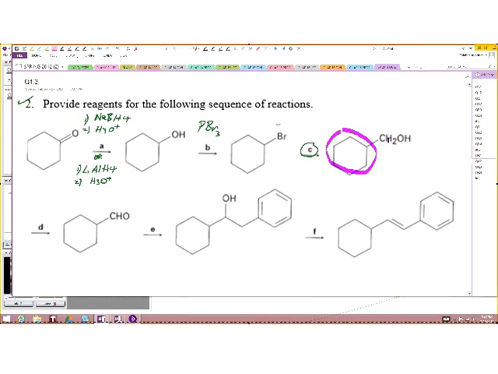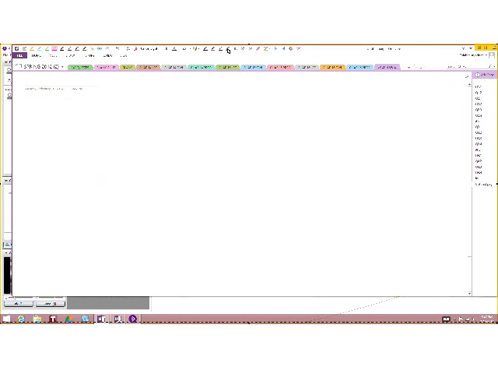What does a Grignard do? Okay, let me give you some background. I know we did this last semester, but some of you must have forgotten this, so let us do a refresher course here. Okay, if you have a Grignard reagent, let us use a specific Grignard reagent, rather than using a generic one.